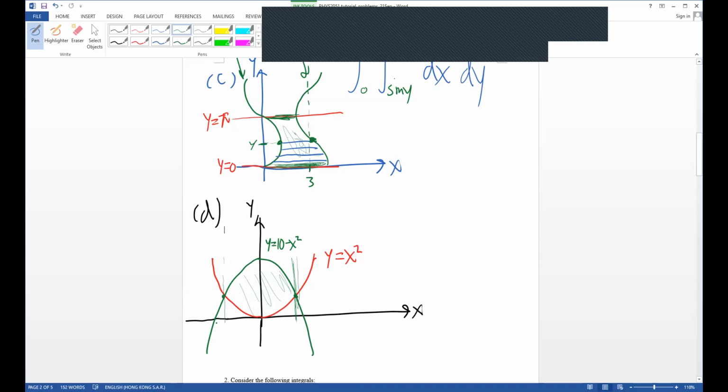Of course you want to find these two intersection points, because that defines the lower limit and the upper limit for the x integral.